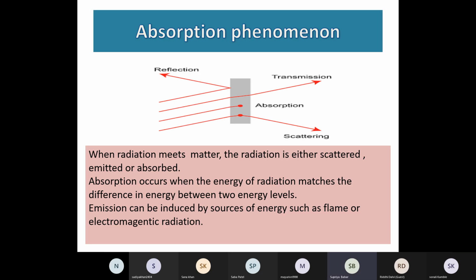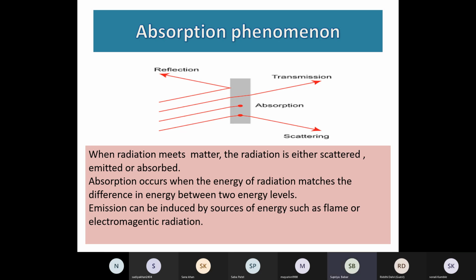Now in spectroscopy, we have to deal with molecules. There are different types of molecules, which absorb radiations of different wavelength and also to a different extent.